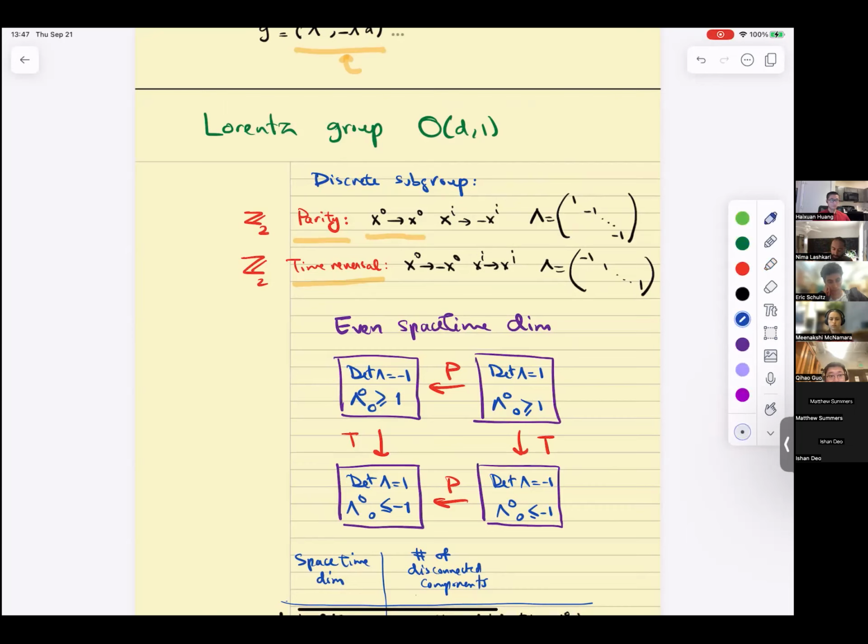So we usually call these P and T. Applying both, PT, corresponds to minus the identity matrix. Good. Now, immediately you learn something here. The determinant of minus the identity matrix is either 1 or -1, depending on your space-time dimension. This is one of the origins of why the representation theory of the Lorentz group is different in even and odd dimensions.